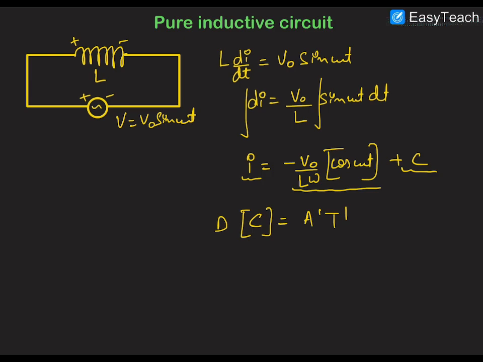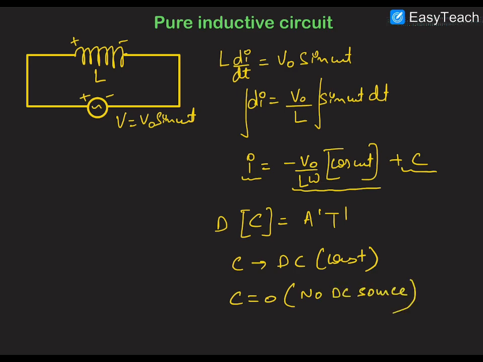and we can definitely say that C is a constant quantity. So C will be a DC current, because C is constant in magnitude as well as in sign. We can say that the value of C will be 0, because there is no DC source in the circuit.